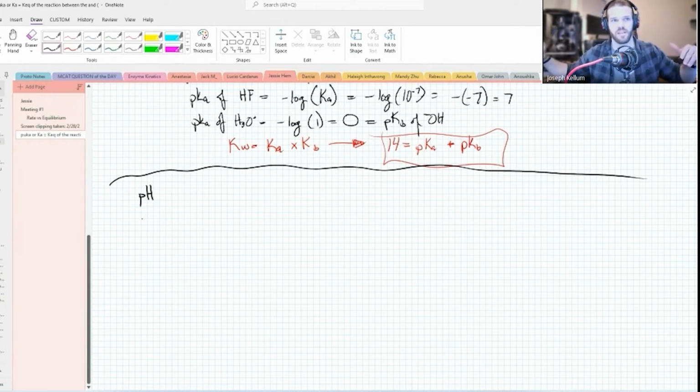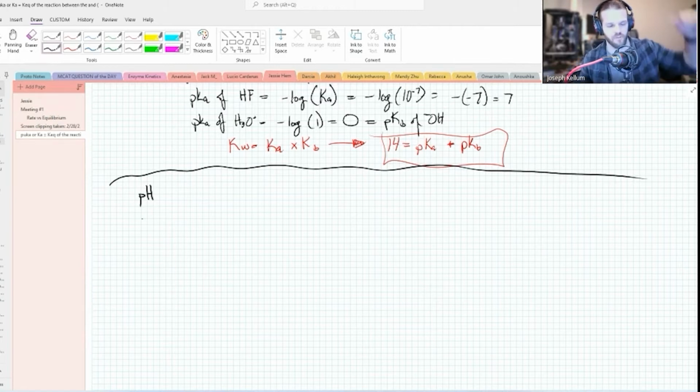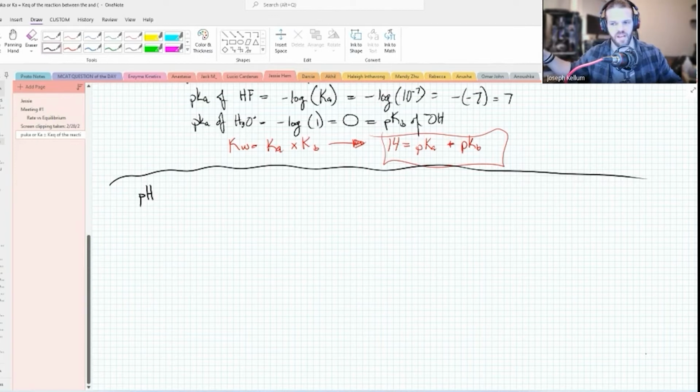So the pH can vary: you can have really different pHs for a solution with the same acid, because it depends on the concentration of your acid in that solution.